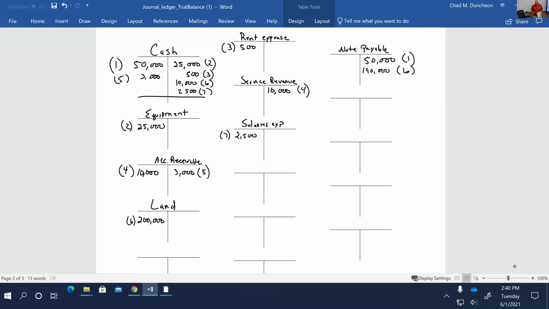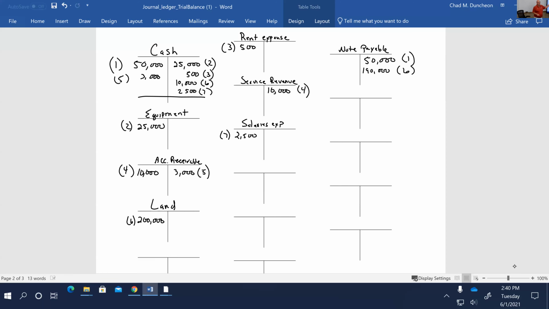And now we can go through and figure out our balance in the cash account. I know that cash is an asset that has a normal debit balance. It is going to have a debit balance at the end. So what I can do is add up my debits: the 50,000 plus the 3,000 gives me 53,000.